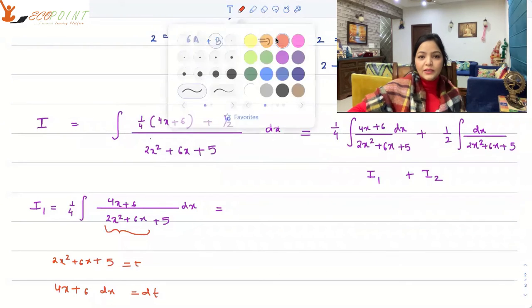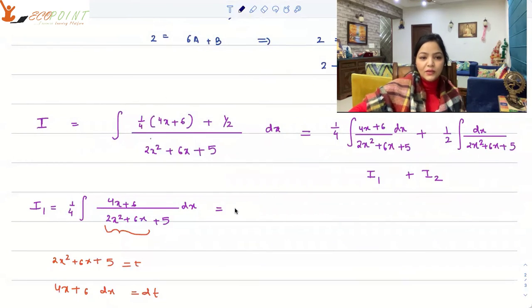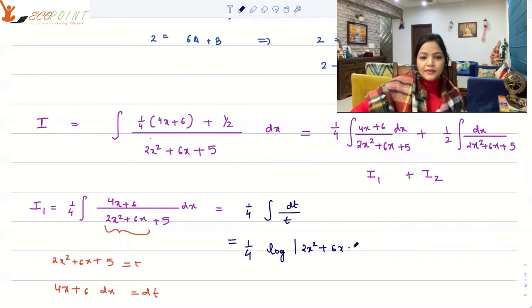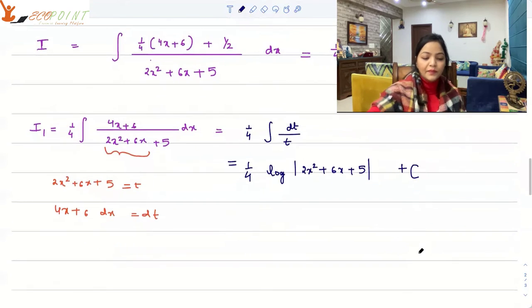Hence, this is equal to 1 upon 4 integral dt upon t. In other words, it's nothing but 1 upon 4 log of mod t, or I can directly put in 1 upon 4 log of mod (2x square plus 6x plus 5) plus a constant, right? And then you have the second part, I2.